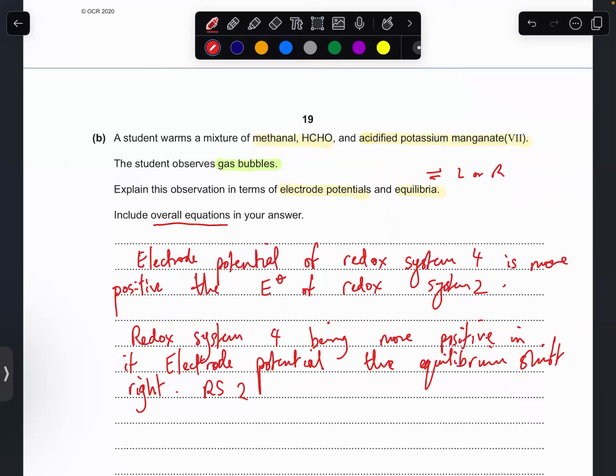Redox system 2 being more negative in its electrode potential, equilibrium shifts left.